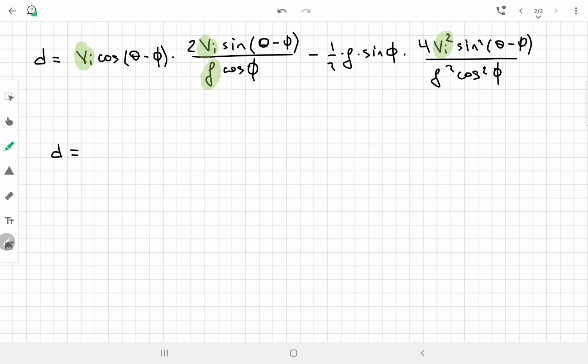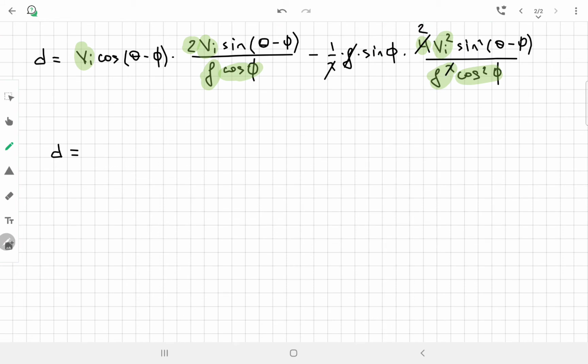We can take outside one of the g, and the cosine phi here, and also 2. Here we have a 4, but it will be cancelled by 2. Here we have a 2.